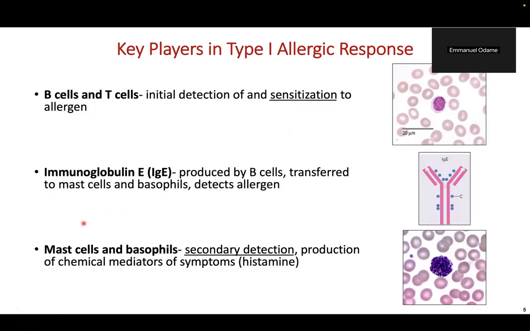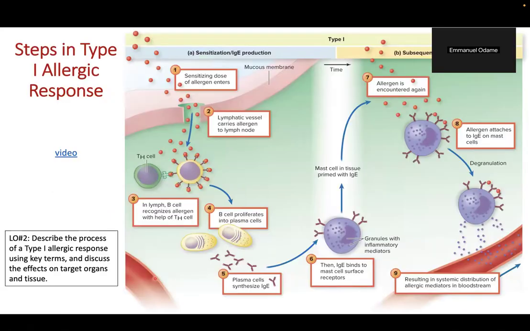They are then transferred to the mast cells and basophils to detect the allergen. The mast cells and basophils serve as a secondary detection unit, producing chemical mediators of symptoms. Then you get to see, oh, I am allergic to this thing or that. Basically, this is how the whole process happens.